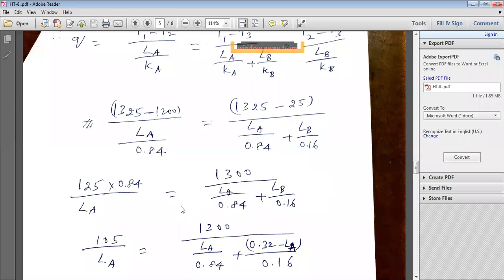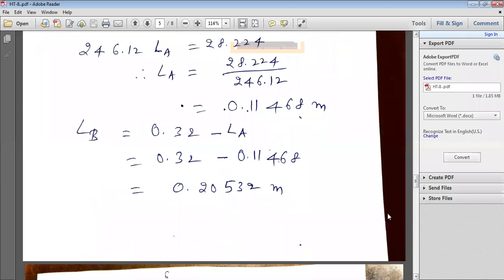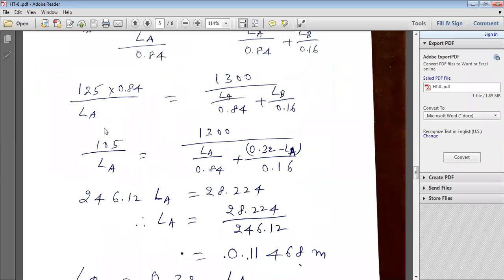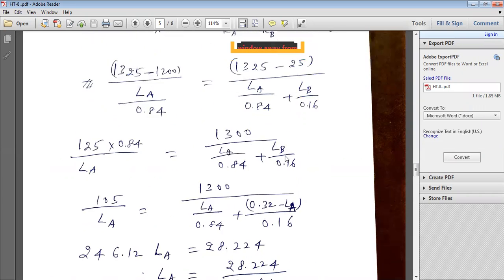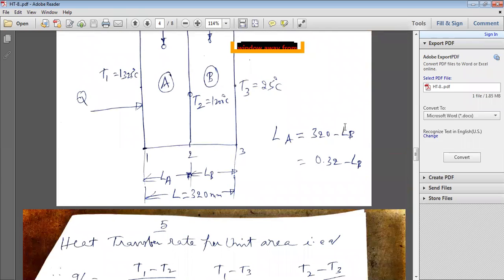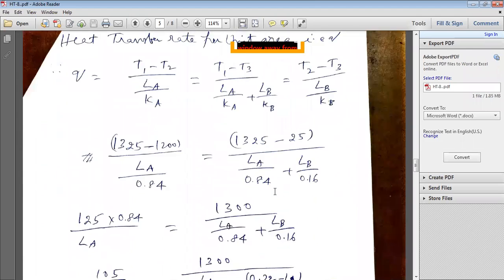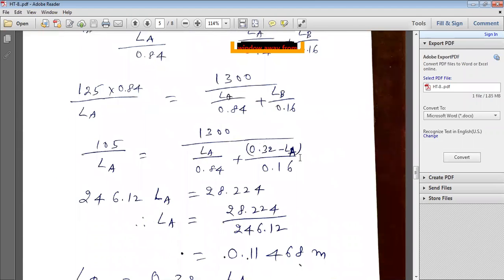Okay, now you have to simplify this. After simplification, 105 by LA is equal to 1300 divided by LA by 0.84 plus LB by 0.16, but what is LB? LB is equal to 0.32 minus LA.